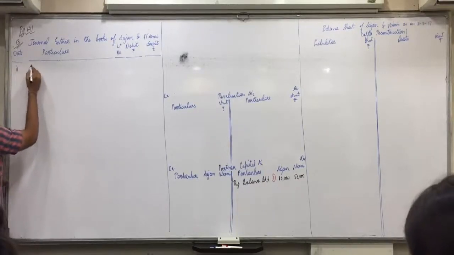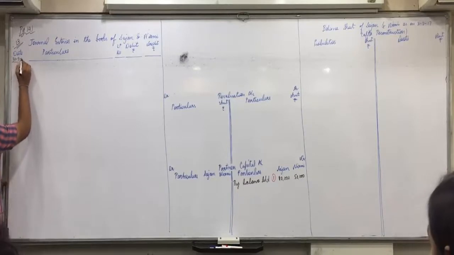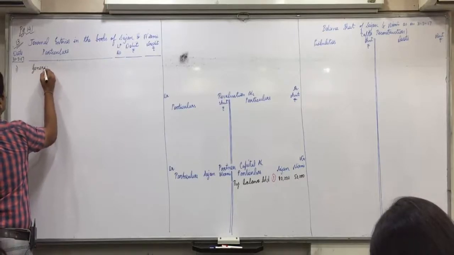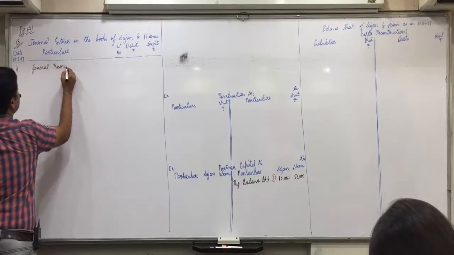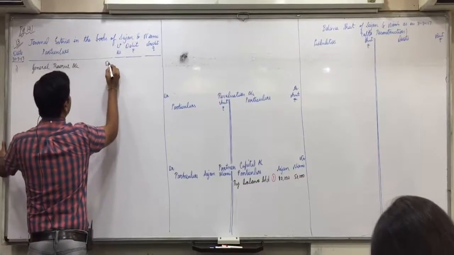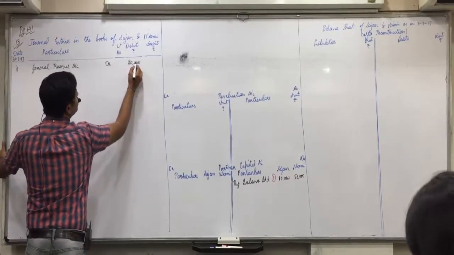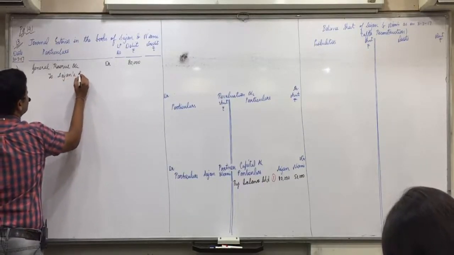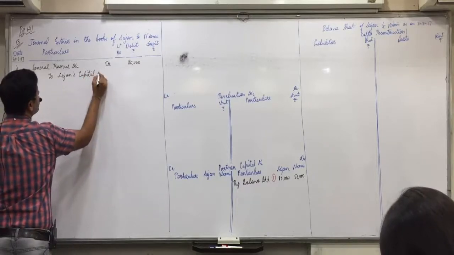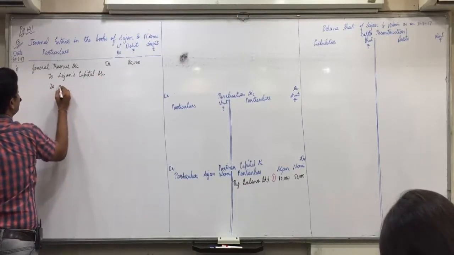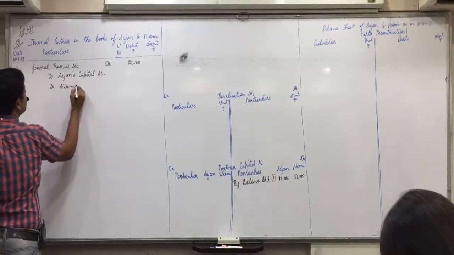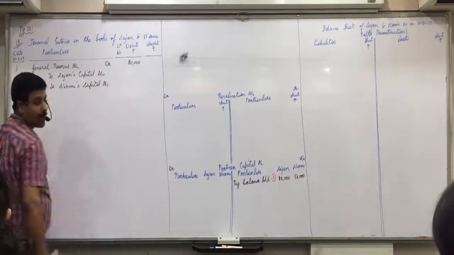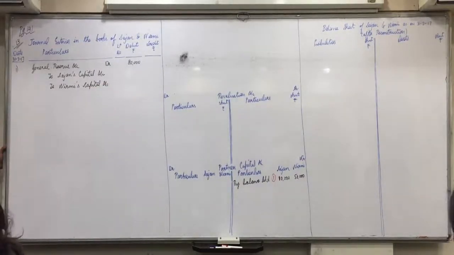Write down first entry. In the heading you can give 31/3/17. Did all entries are on 31/3/17. General reserve account debit 80,000 to Sajan's capital account to Nirmi's capital account, in old ratio we have to do 5:3.